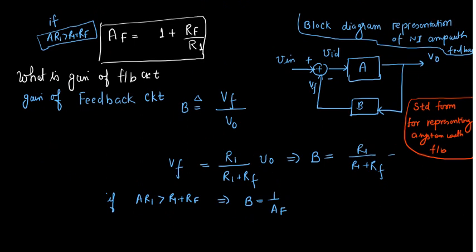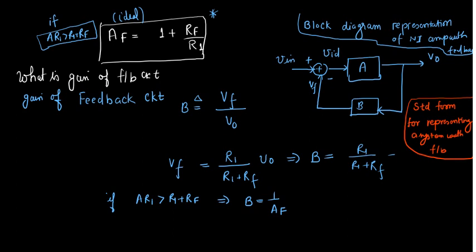Subsequently, AR1 would be large, so AR1 would be greater than R1 plus RF. And therefore, AF ideal would be 1 plus RF by R1. This is what we generally see in your lab manual and your previous classes.